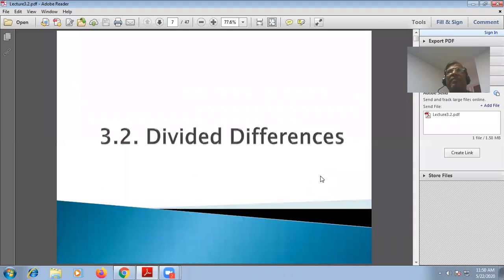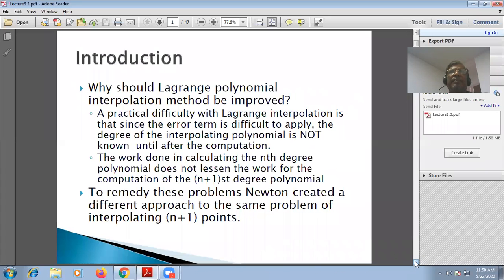This is divided difference. Firstly, we have to understand the divided difference. To understand Newton's forward and backward difference formulae, let us come to the topic of divided difference. Please note the introduction: why should you use Newton's forward and Newton's backward formulae?